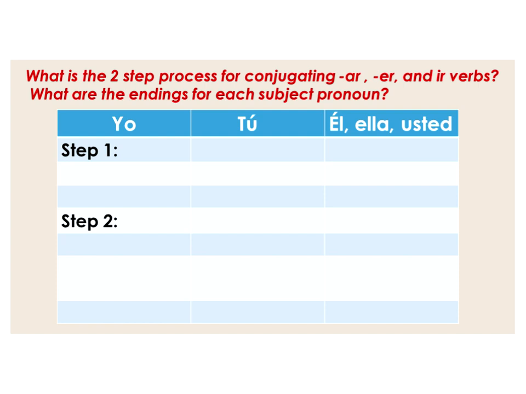So, again, what is the two-step process? You don't have to give me the endings yet. Let's do this step by step. So let me put 30 seconds up. And what is the two-step process for conjugating a verb? You can either write on the whiteboard or you can type it in the chat box, whichever you choose.